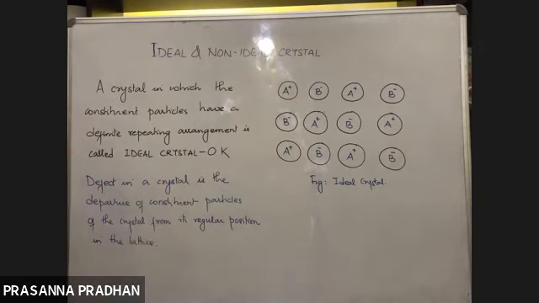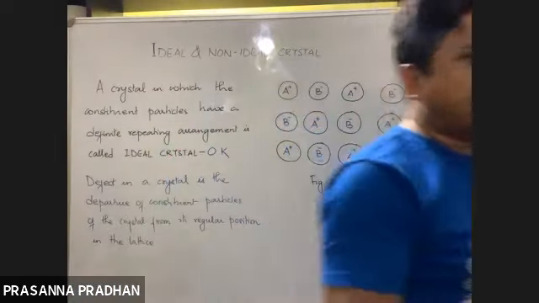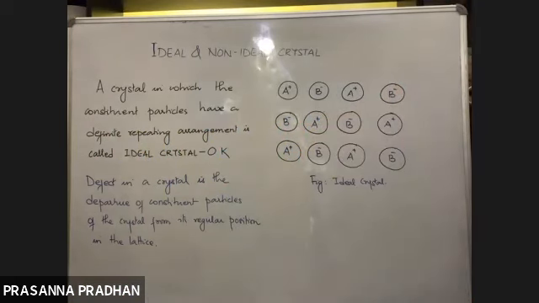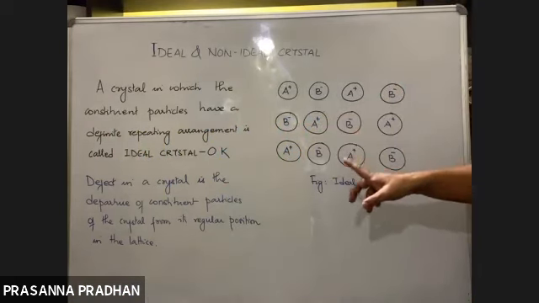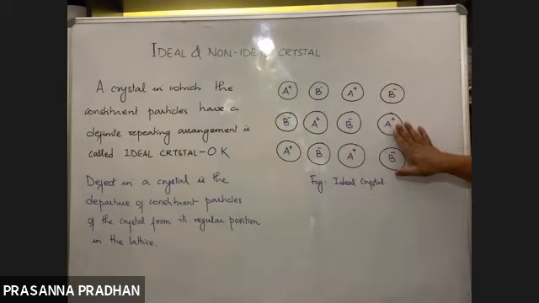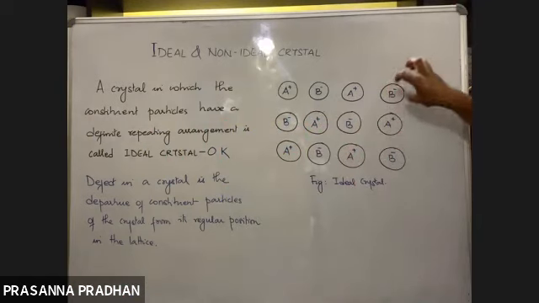So defects in a crystal: in a perfect crystal, everything stays in its own position. There is absolute order. But when does a defect arise? It is the departure of the constituent particles from their regular position, when the particles are no longer present where they should be.